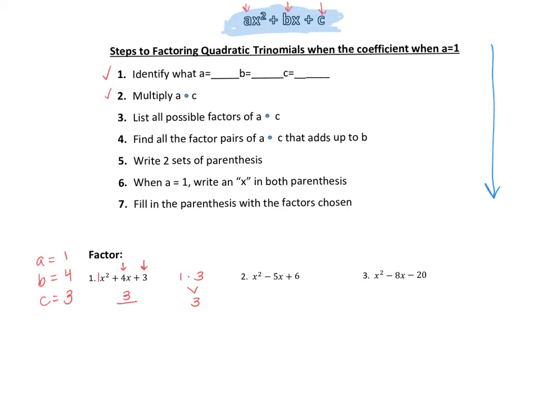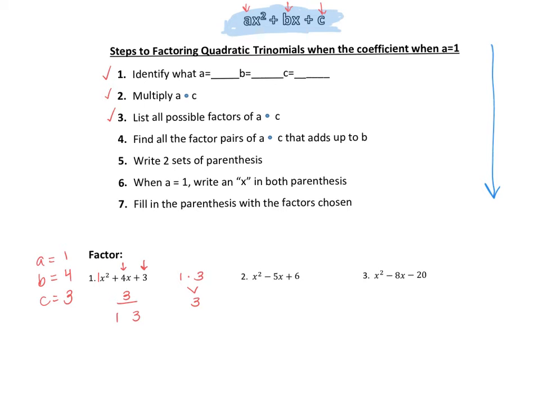They are 2 numbers that multiply by each other to get 3. My factors for 3 are 1 and 3, because 1 times 3 equals 3. Those are the only factor pairs I have, so I have completed step 3.